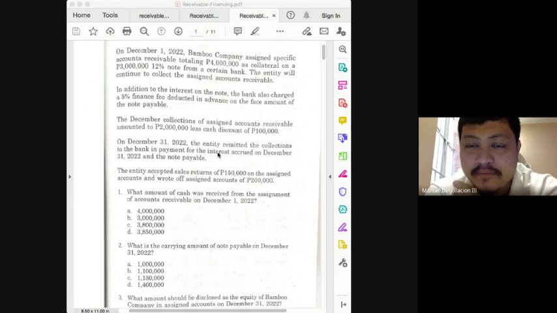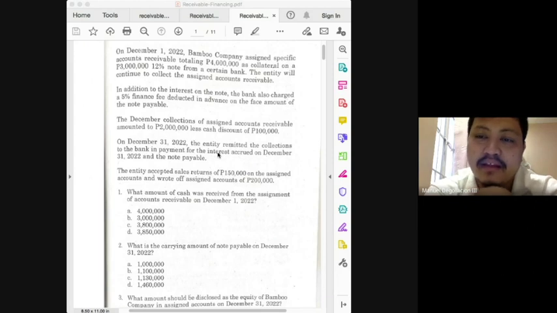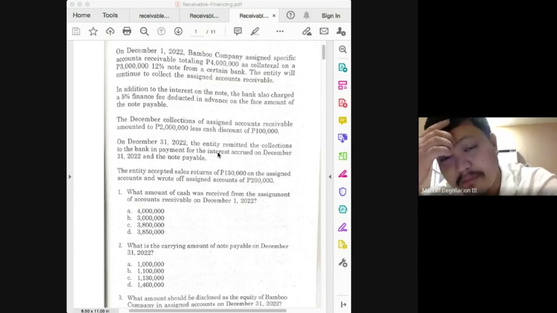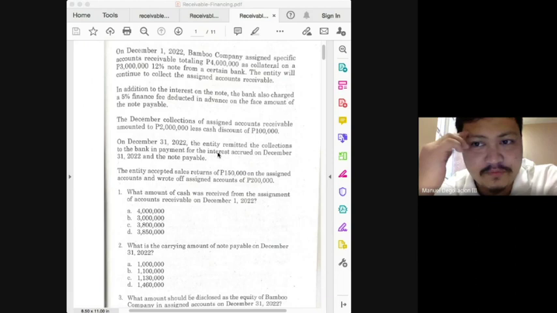Remember that in assignment, the amount that we will be getting from the receivables that were assigned would be remitted to the lender, to the one who provided us with money, as a payment of our borrowing. So here we were actually able to collect 2 million worth of receivable. Okay.